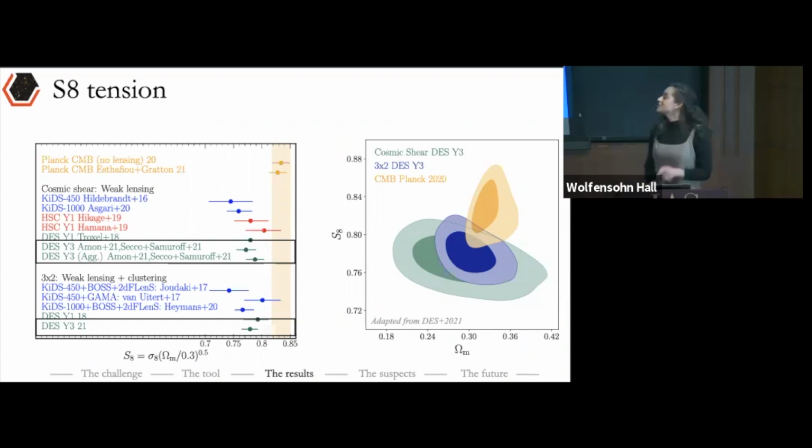That's a good question. I should have put the 3 panel plot here of omega matter, sigma 8 and S8. I'm not sure which large scale structure measurements you say Planck is offset from. I think the set that we showed in our papers, omega matter from other experiments, is pretty consistent. When we look at which parameter is doing the pulling, it is just the combination of the two. It is this S8 parameter. It's not starkly omega matter or sigma 8.